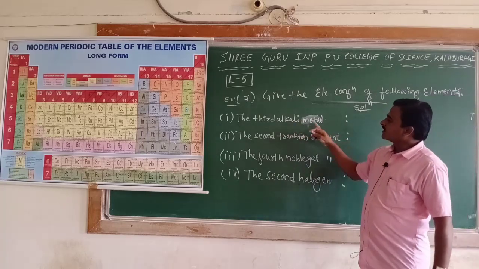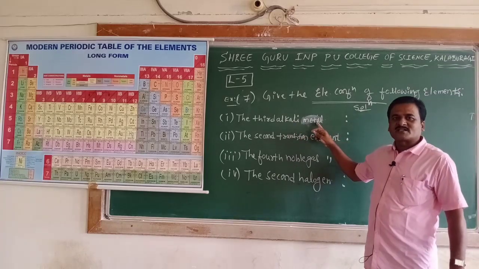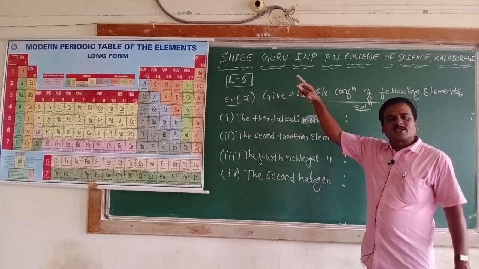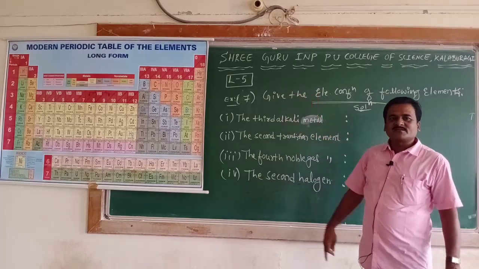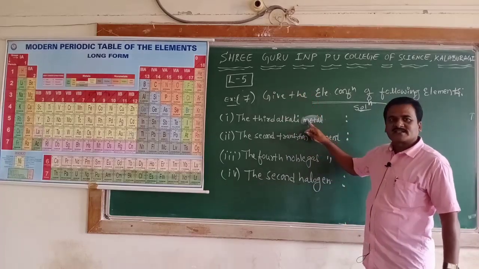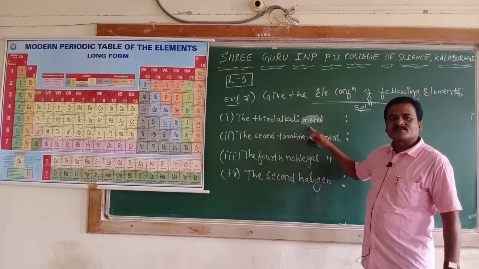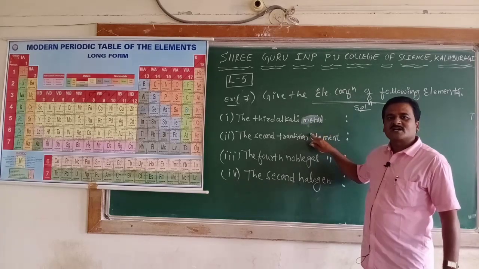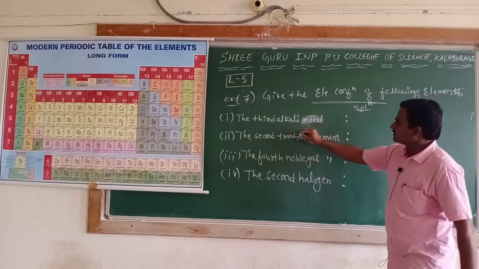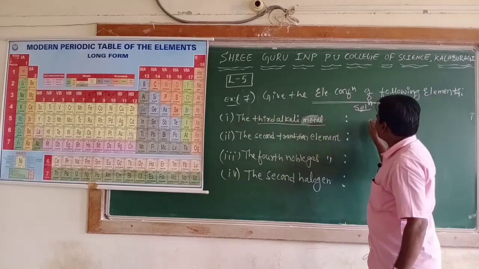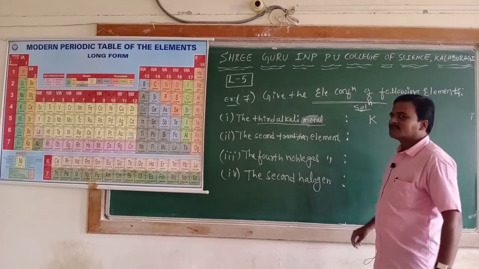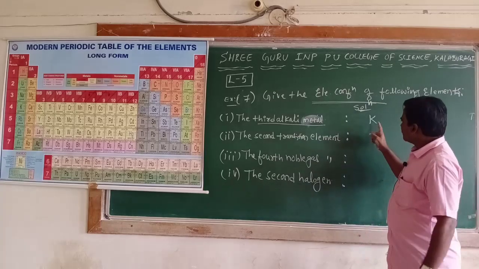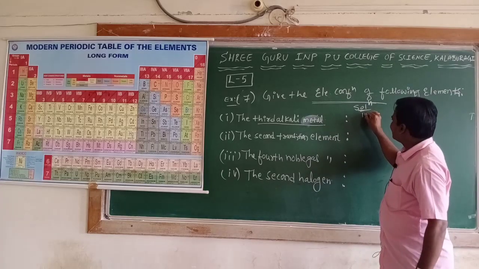See, the third alkali metal. Look at the periodic table. Alkali metals start with lithium. The first alkali metal is lithium, second is sodium, and the third alkali metal is potassium. The potassium atomic number is 19.